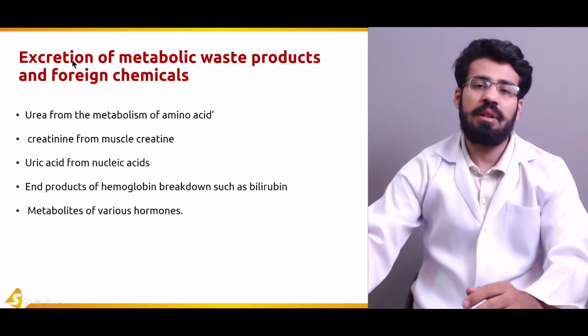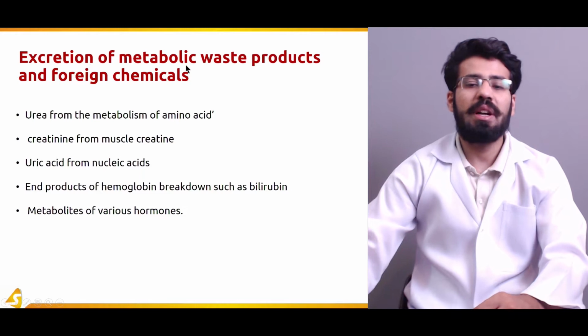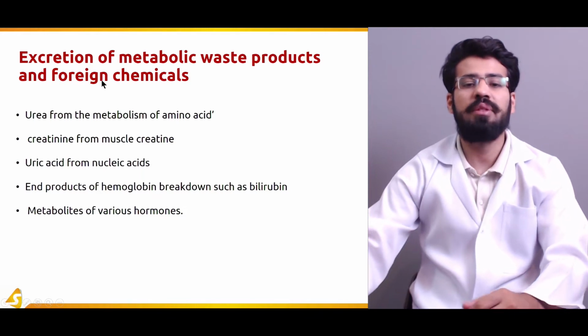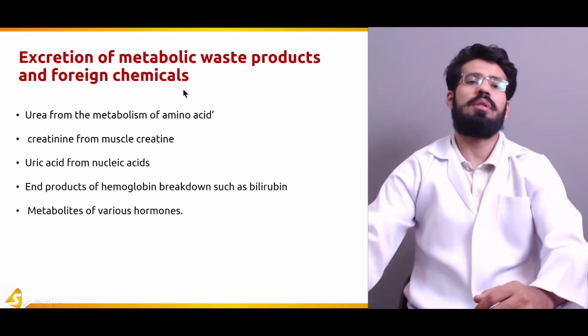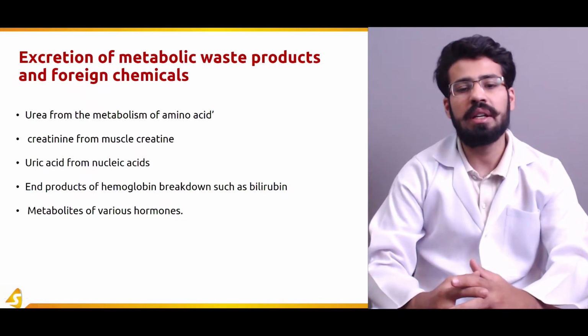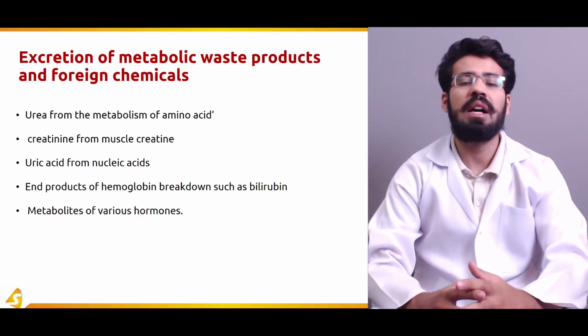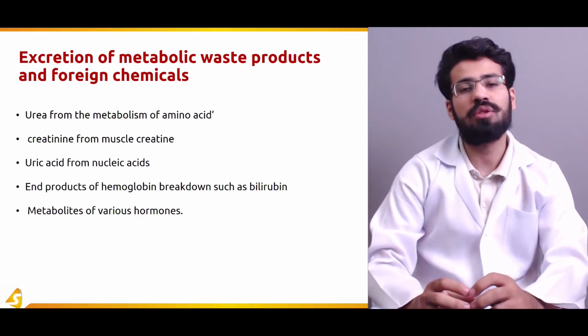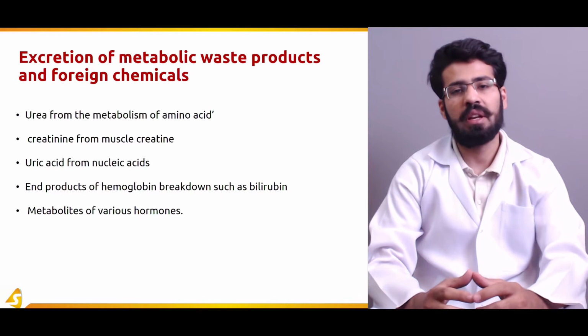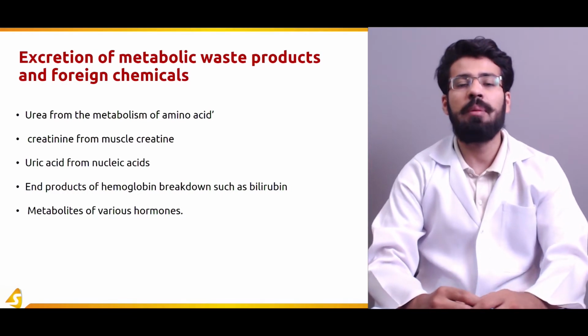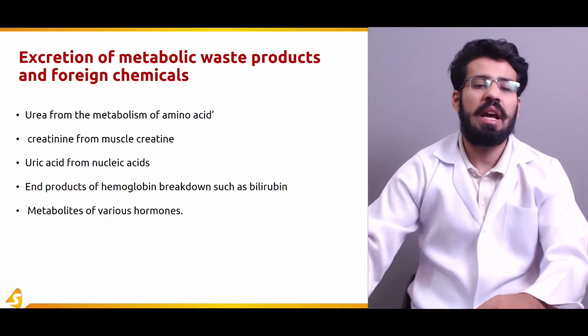Now, the first thing was the excretion of metabolic waste products and foreign chemicals. Urea is basically formed from the metabolism of amino acids, and amino acids are the very basic structure of proteins, the building blocks of proteins.